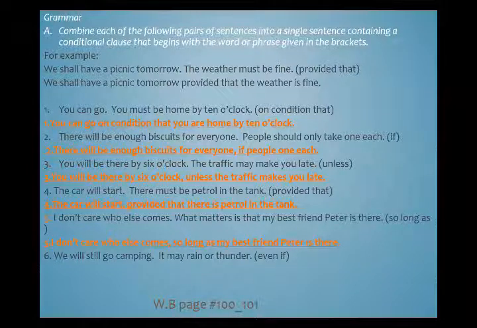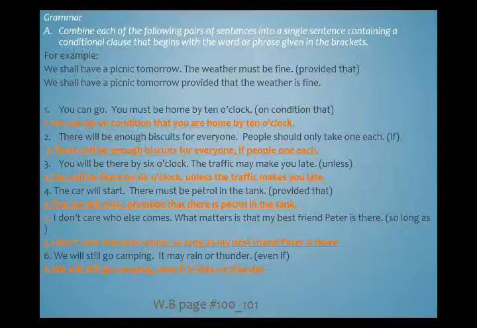So six, we are having here: we will still go camping. It may rain or thunder. So we have to use here even if. We will still go camping even if it rains or thunders. So we have combined each of the following pairs of sentences into a single sentence containing a conditional clause that begins with the word or phrase given in the brackets.